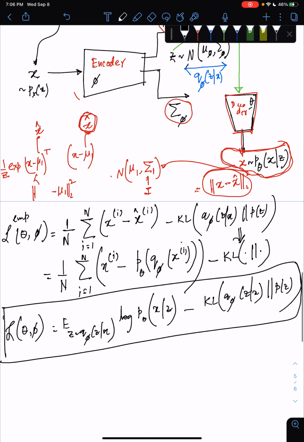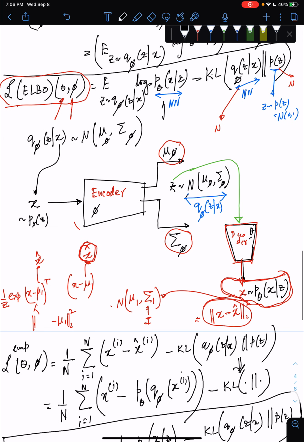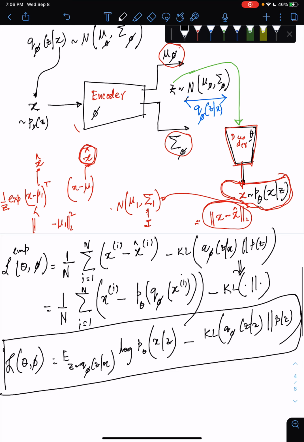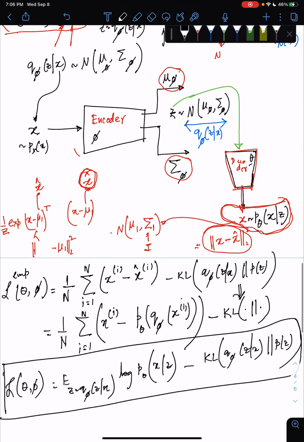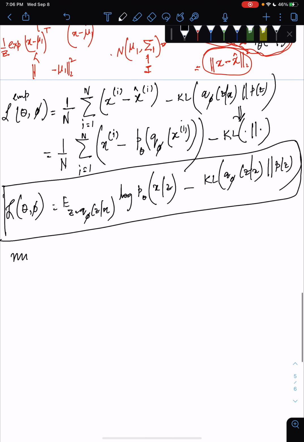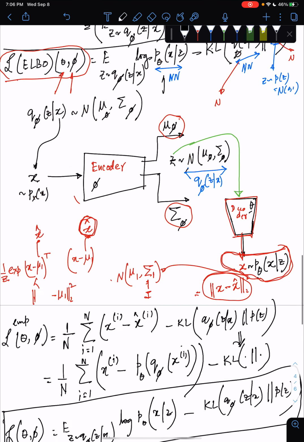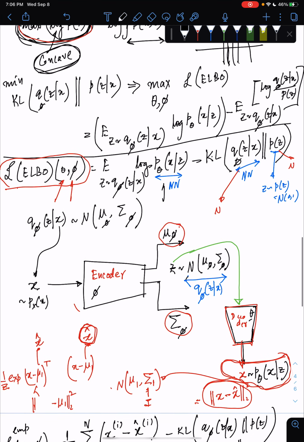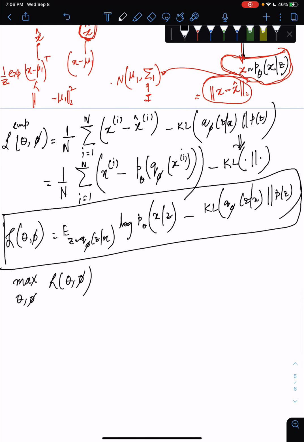I think I didn't make any mistake, though I have a tendency of making silly mistakes. Our job is to optimize L theta phi. Sorry, it's not minimize, it's maximize, because this is the ELBO, or rather we minimize theta phi of minus this ELBO loss.